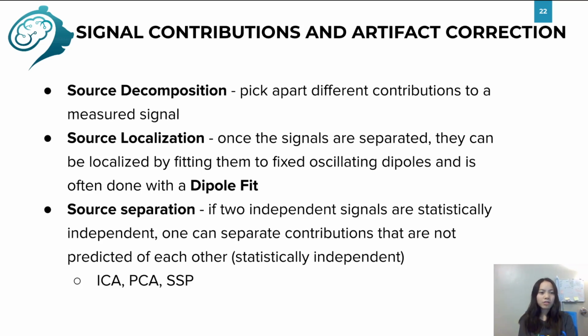The mathematical process of directly fitting oscillating dipole sources onto an EEG signal is not very trustworthy or resilient to noise, especially for deep brain signals. Therefore, a much more powerful approach is to apply dipole fitting onto individual signals that have been picked apart by an artifact correction algorithm such as ICA, which we'll discuss next.